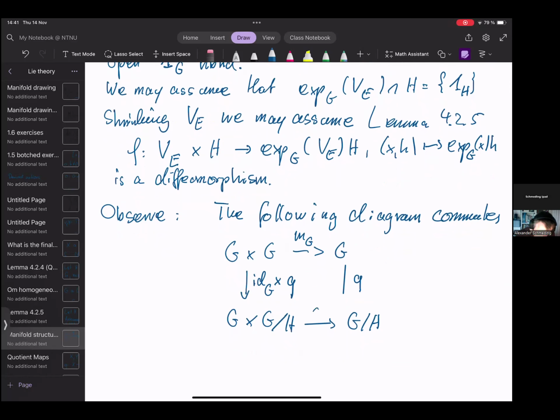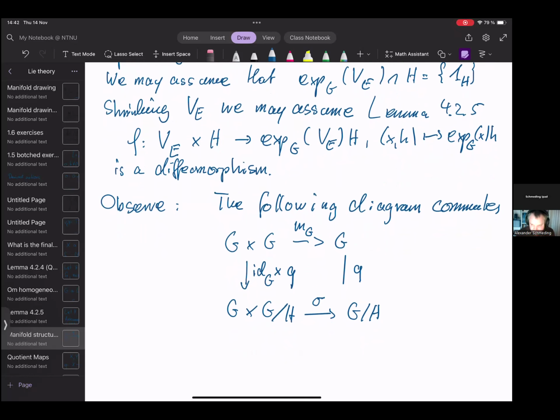The map we get here is what we call sigma, the canonical action of the Lie group on the coset space. And basically, in the lecture notes, this diagram has the number 4.2.